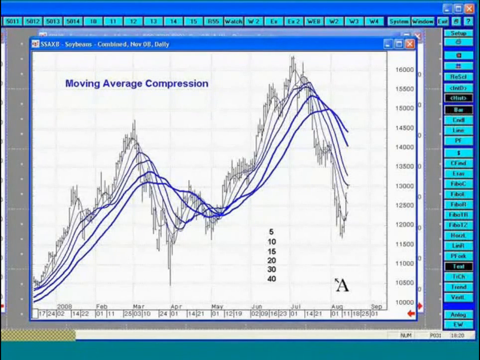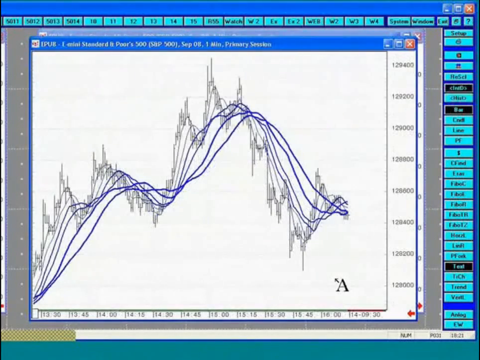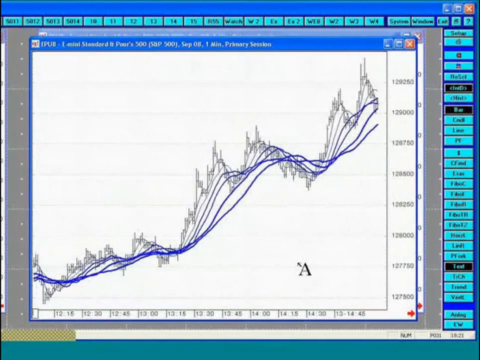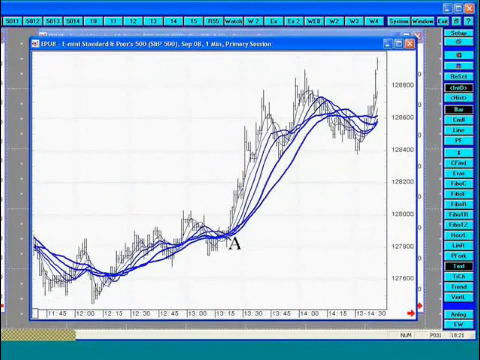But this is my favorite moving average trade setup, and I think I've proved my point with regard to the different degrees of scale, and more importantly, the different markets we've looked at. Again, this occurred today in the E-mini S&P primary session 1-minute price chart. Here was your moving average compression.